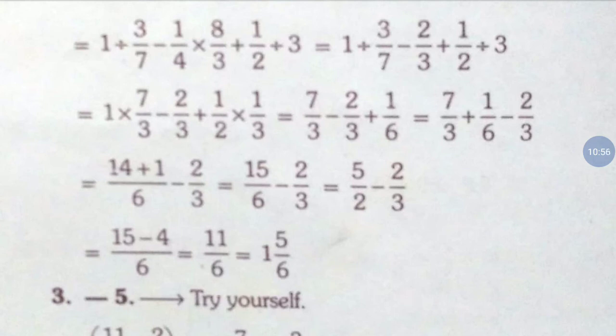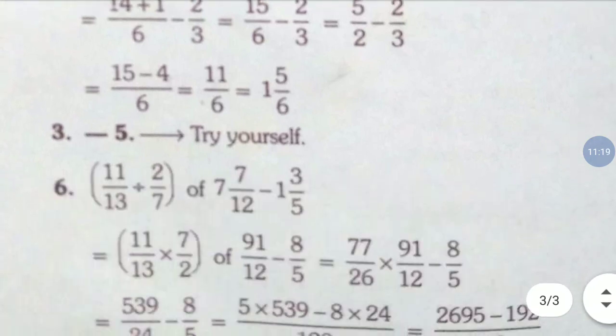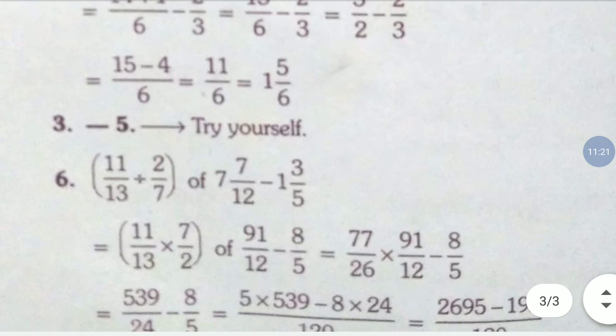You will find the LCM and then make the denominator the same, and you will get the answer of 11 by 6. And 11 by 6 is an improper fraction as your numerator is greater, so convert it into the mixed fraction. You will be getting the answer 1 whole 5 by 6. Third, fourth, fifth, you can do it.